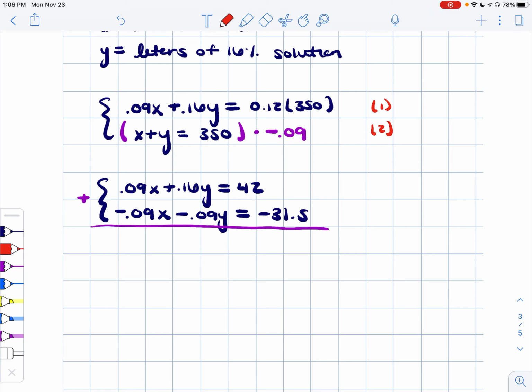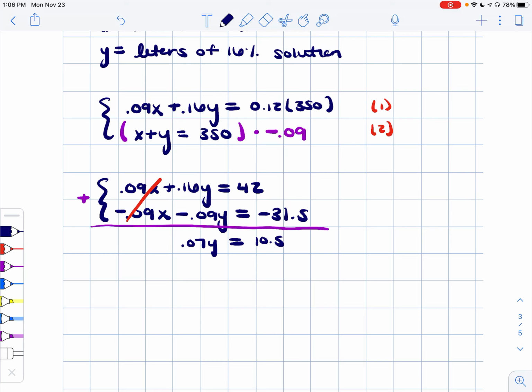Of course, if we add them up, our x's cancel. That's how we designed it to work. And then if we add up our y's, we would get 0.07y, and then the 42 and the negative 31.5 is going to give us 10.5.